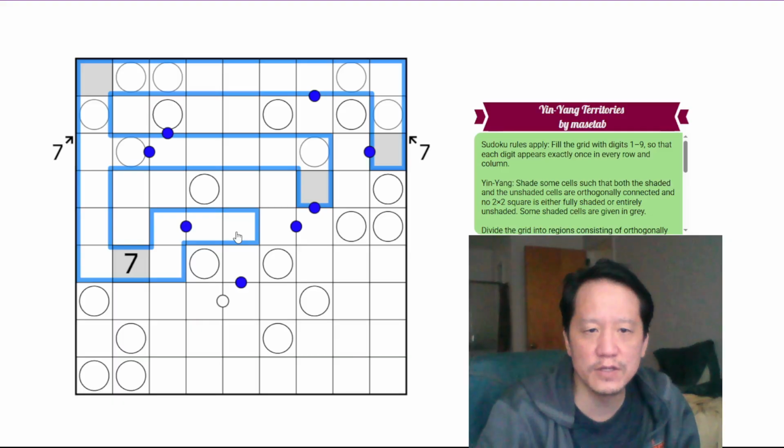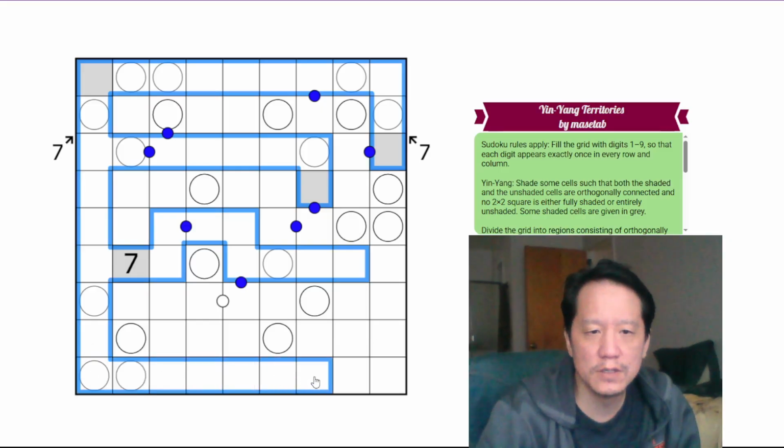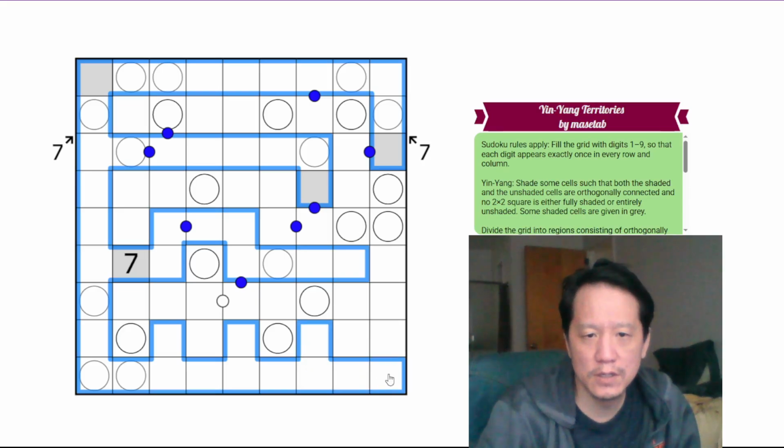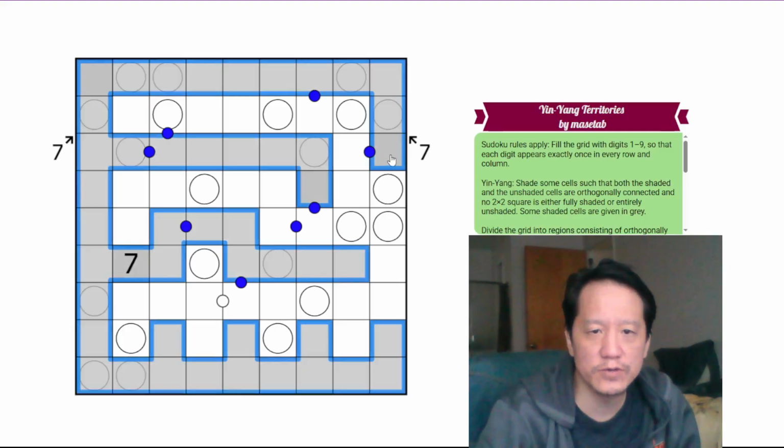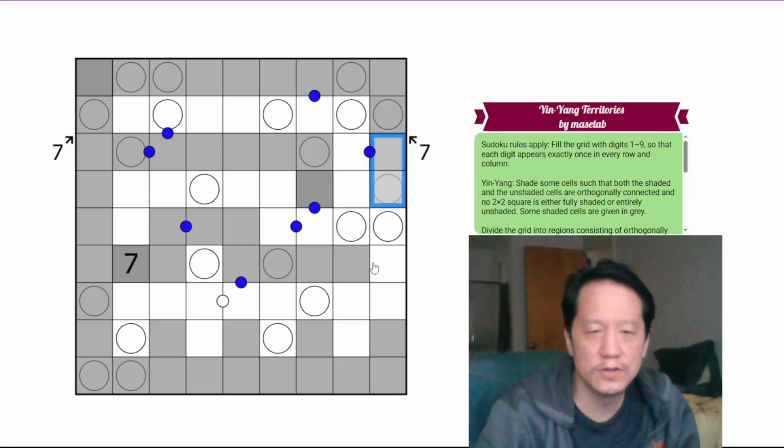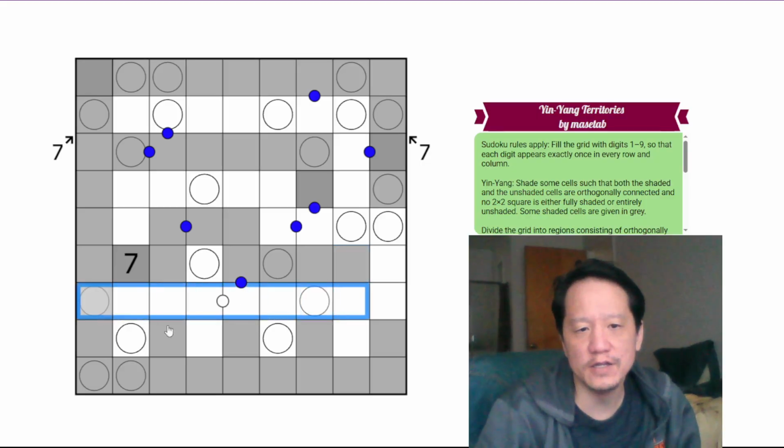Could have something like this. I think that works. Nope, it has to go to here. So this is an example of a valid yin-yang shading.